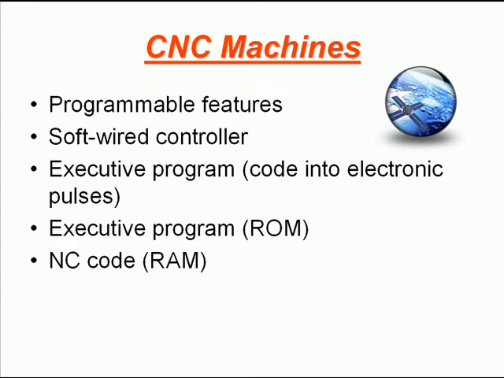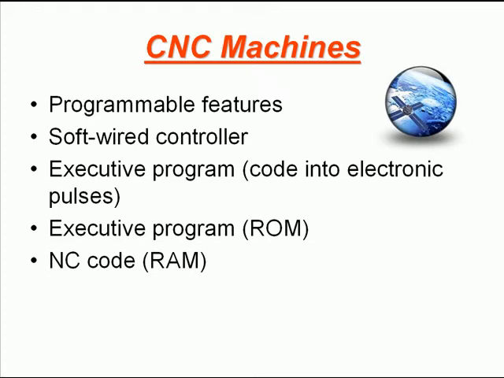Okay, executive program. Basically, within the machine you have what's called an executive program. To tell that executive program exactly what to do, you could do two things: you could manually input what you want the machine to do, or you can use software.